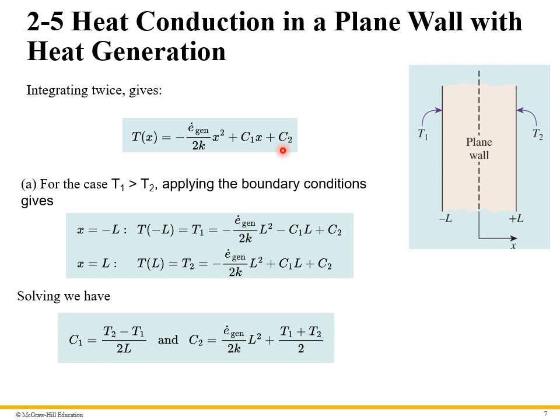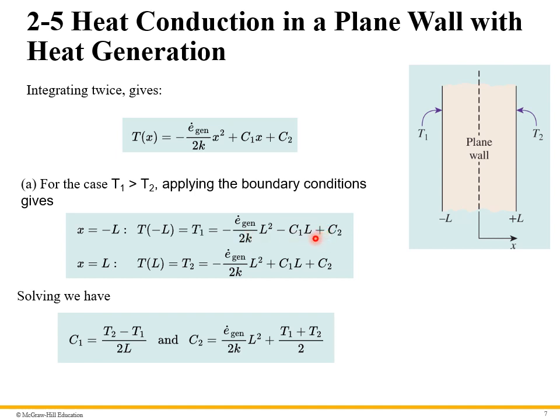Let's work out the case where T1 is greater than T2. If you plug in a value for L, T at minus L is equal to T1, and you end up with this equation. T at x equal L is equal to T2. You have two equations and two unknowns, since T1 and T2 are known.